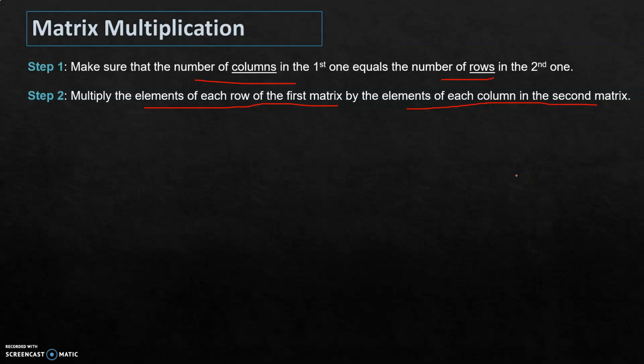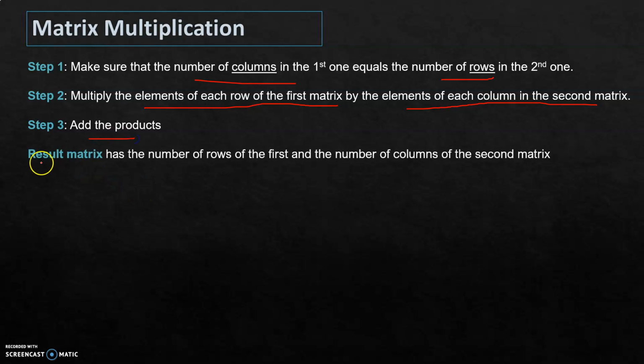It will be clear while doing the problem. Then third, take the sum of the products. We already checked that the result matrix has the number of rows of the first matrix and the number of columns of the second matrix.